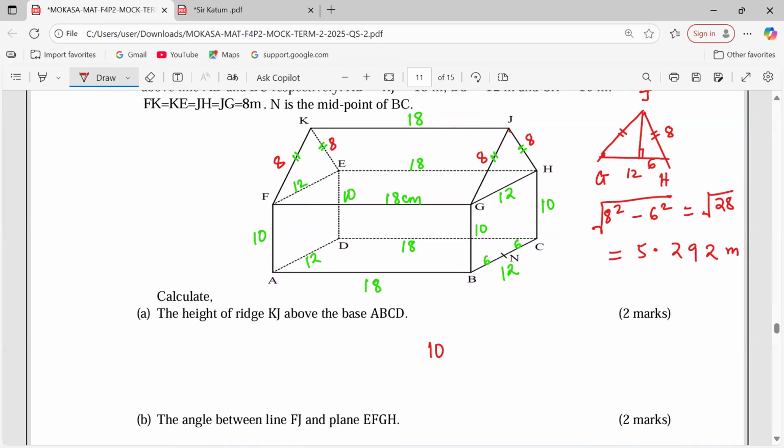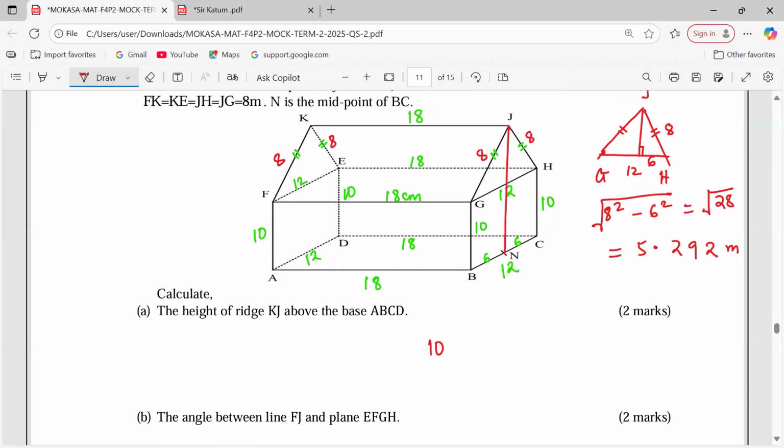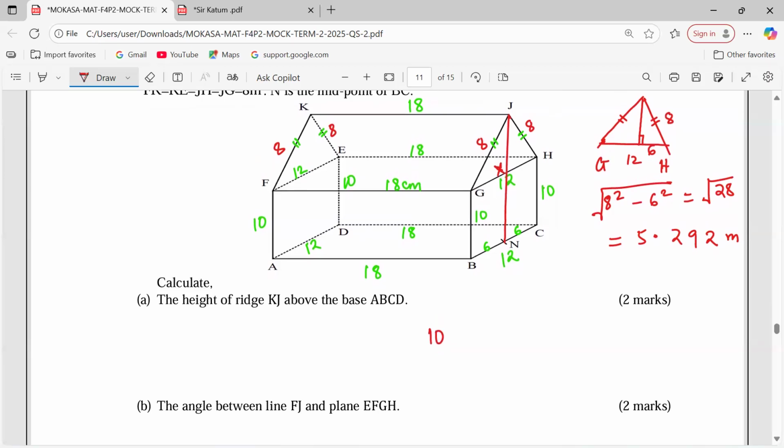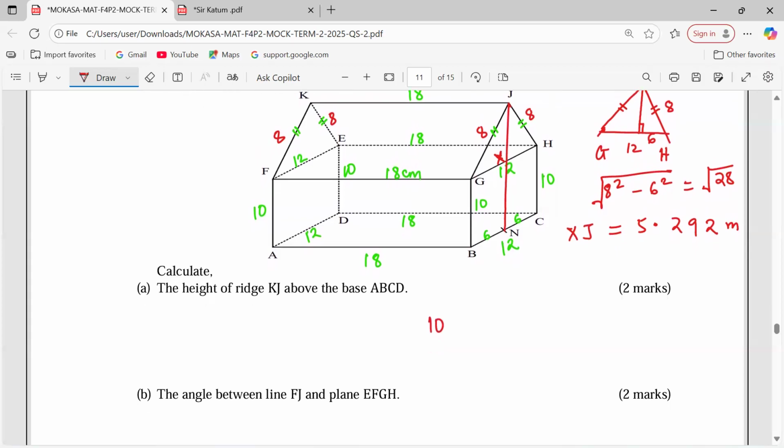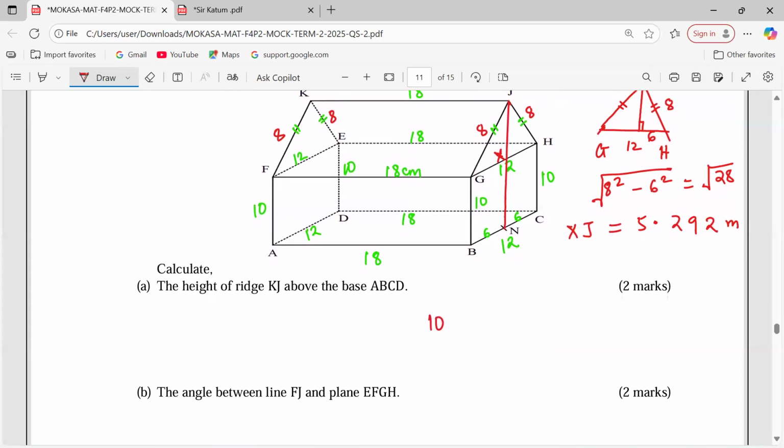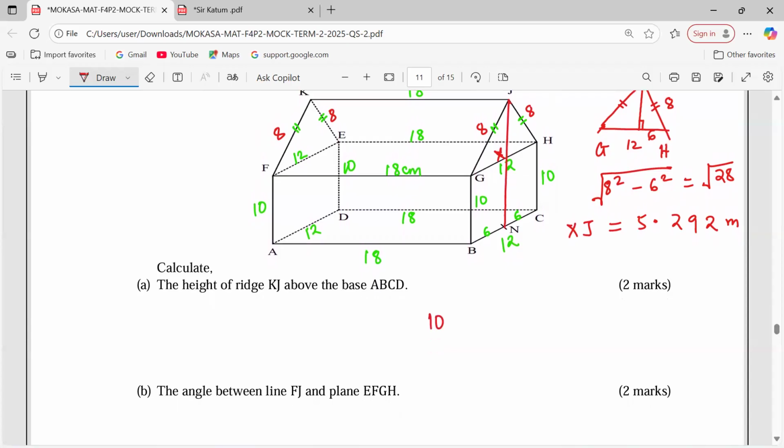let me now show you the distance we're having. We need height JN. Therefore, from this point, which I can call X for now, from X to J, we are having 5.292. And from X to N, we are having 10.